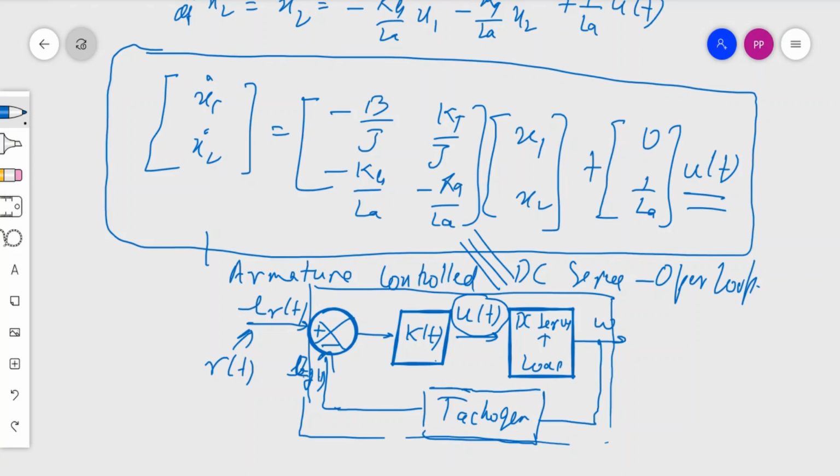And in case you need the DC servo rotor output position as the output, you will be required to place an integrator over here that will integrate the angular velocity and produce the position. But in that case, you definitely require a position sensor, which will give the information about the position, if you are using position control.